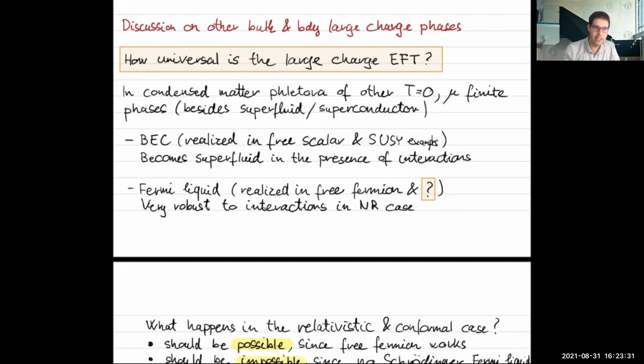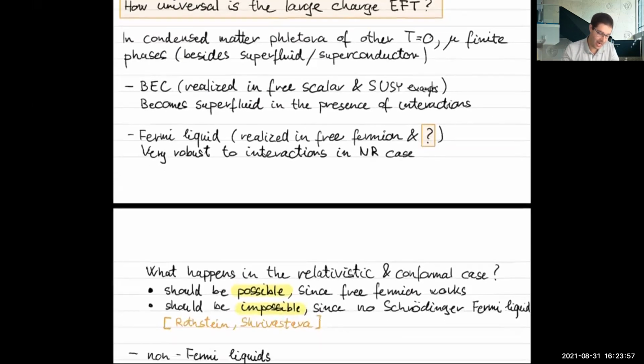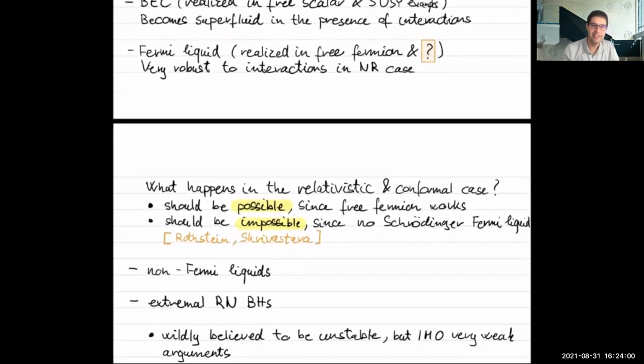But in condensed matter, Fermi liquids are extremely important and ubiquitous. We know that it is realized in the case of free fermion CFTs, but are there other CFTs where Fermi liquids are relevant? And Fermi liquids in non-relativistic condensed matter are extremely robust under the addition of interactions. So that might indicate, or might not indicate, that it should play an important role in large charge CFTs.